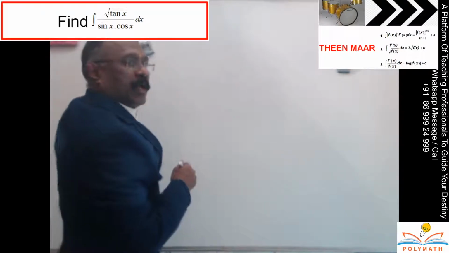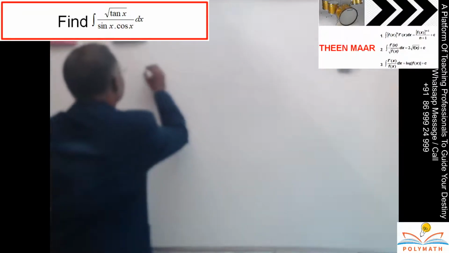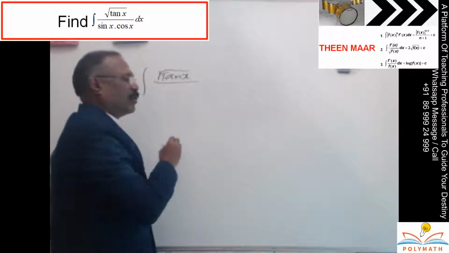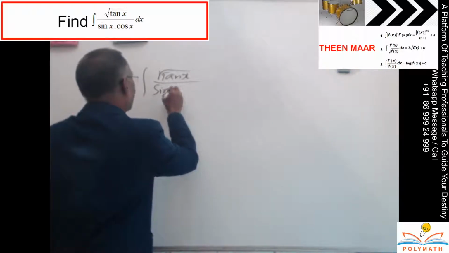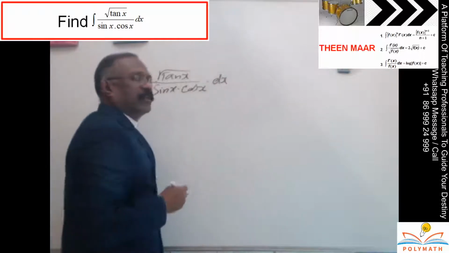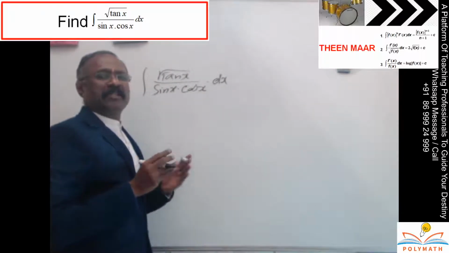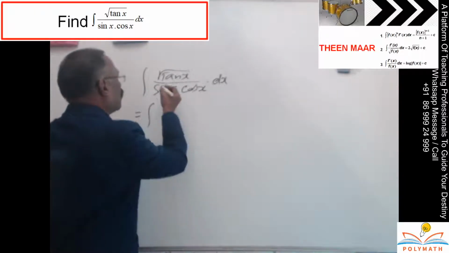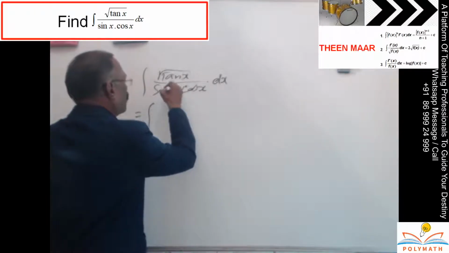Coming to the next one. This is the integral of root tan x. It's a very familiar problem, but generally you think of the substitution method always, and you are habituated to substitution. But when you think of this tin mar, all these problems can be solved within 1 or 2 steps like this. Now I want this in the form of tan x.